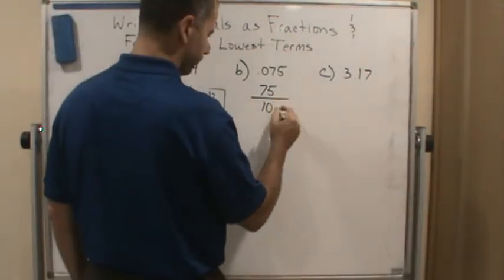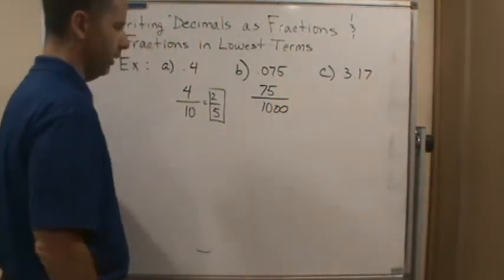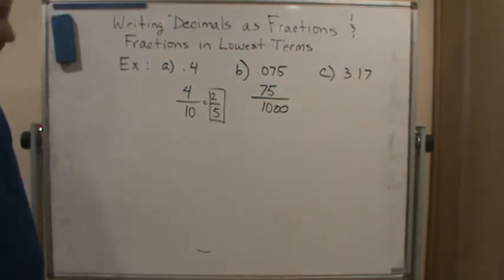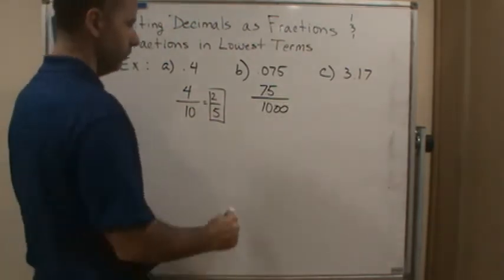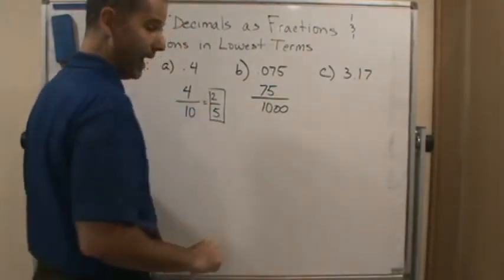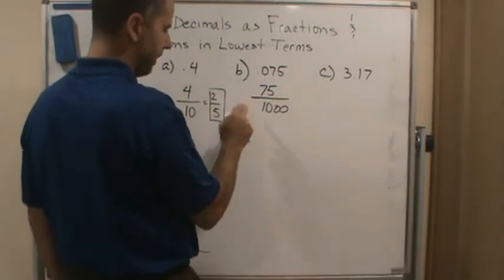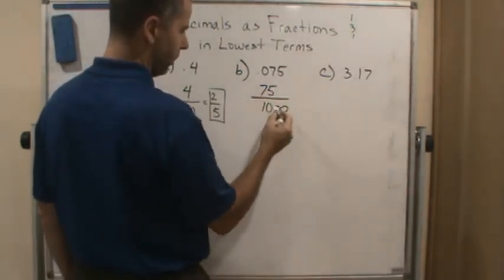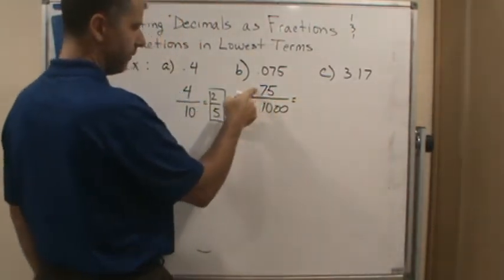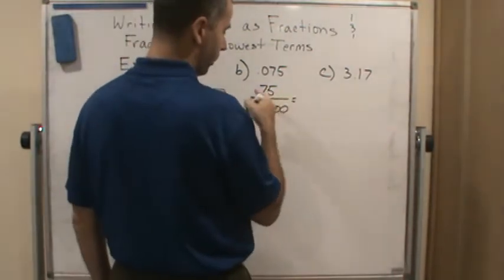So now we're going to reduce. Okay, well, 25 is the greatest common divisor that will both divide 75 and 1,000. So let's do that. If we divide 75 by 25, we get 3.